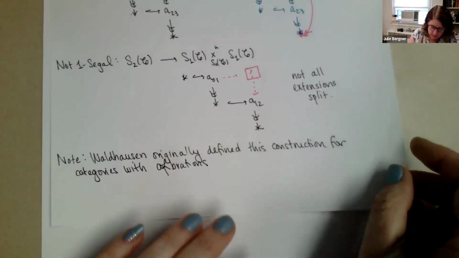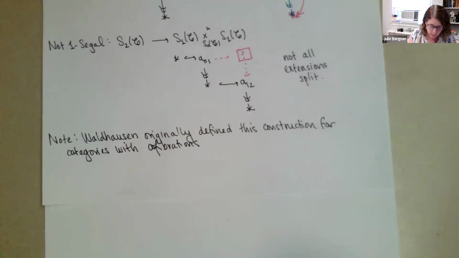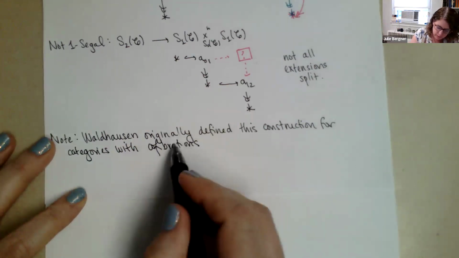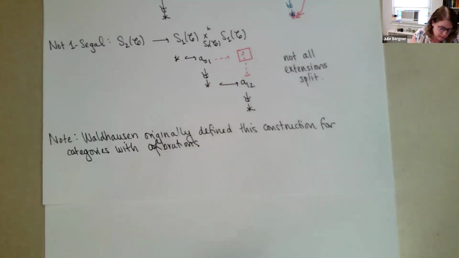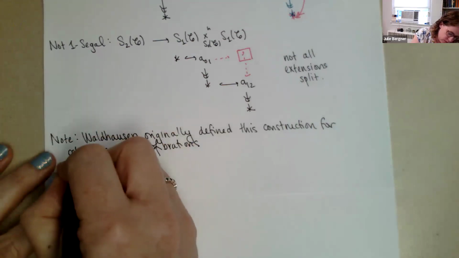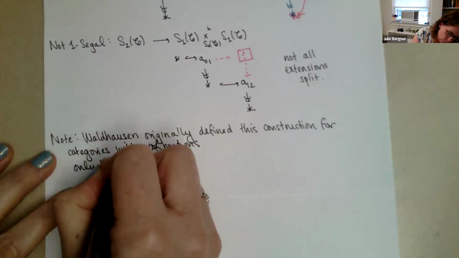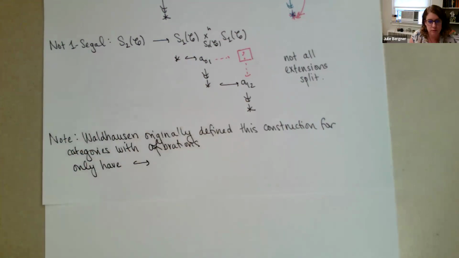Or you could take Waldhausen categories where you also have weak equivalences, but this is what would make sense more or less from what we've done. But you only have one distinguished kind of morphism, cofibrations. He calls them cofibrations. We would call them admissible monomorphisms.